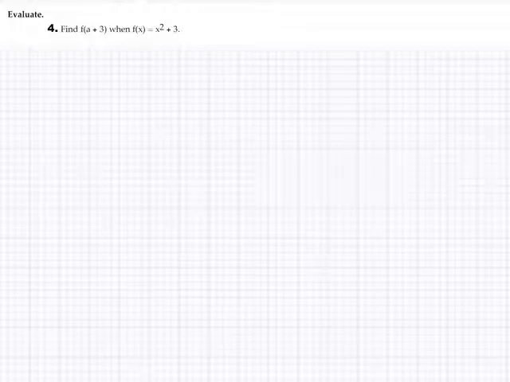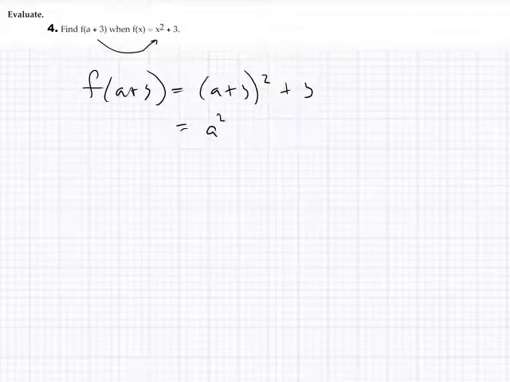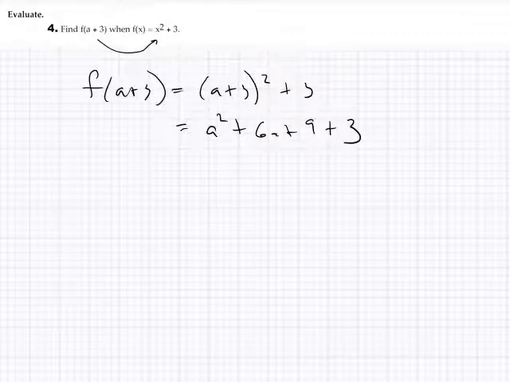Here, if we want to evaluate the function at f of a plus 3, we plug a plus 3 into the function for x. So f of a plus 3 would be a plus 3 squared plus 3, in which case we would get a squared plus 6a plus 9 plus 3, and we would get a squared plus 6a plus 12.